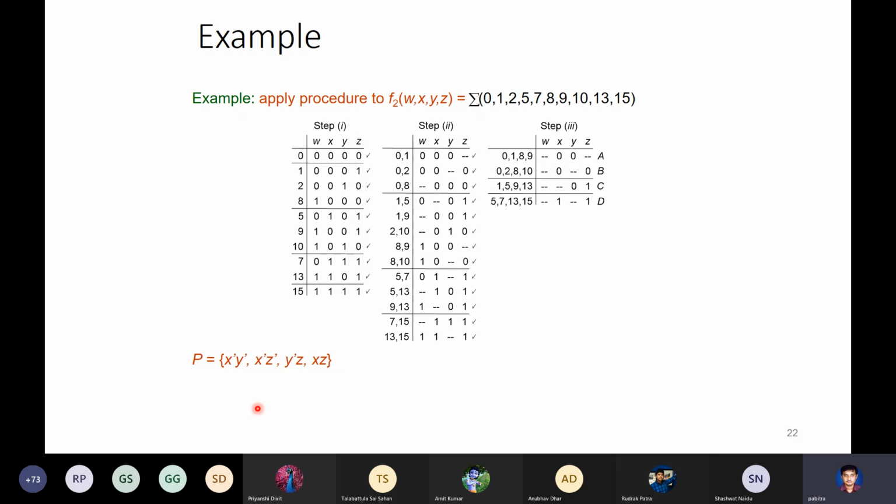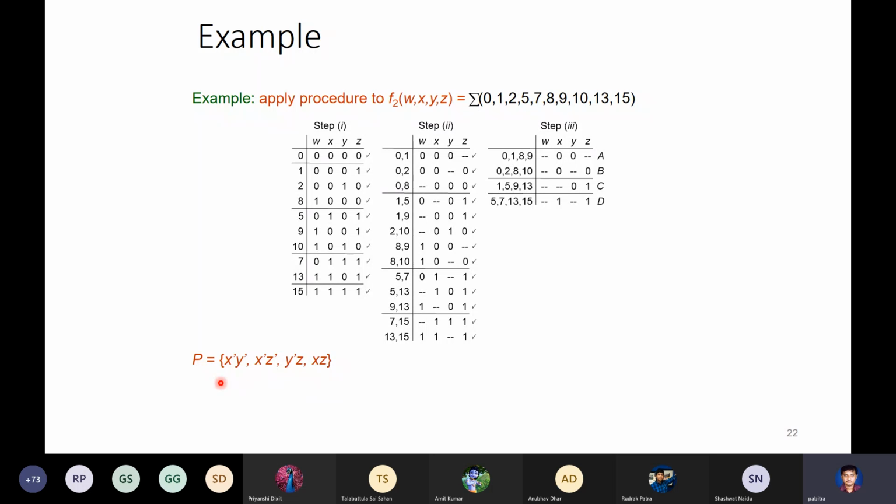This is 0, 0. So A is x prime y prime. B is x prime z prime. C is y prime z. D is xz. I dropped the hyphens.